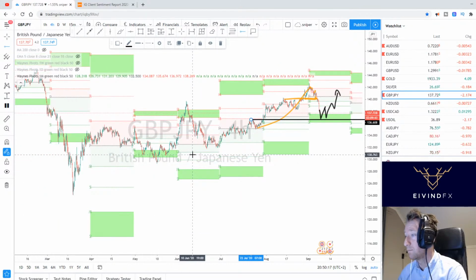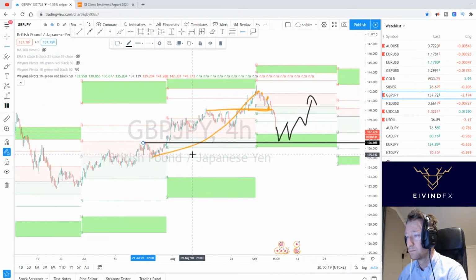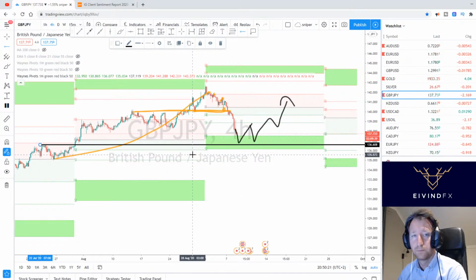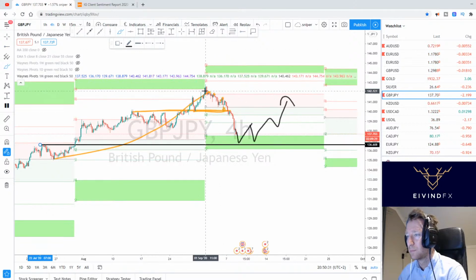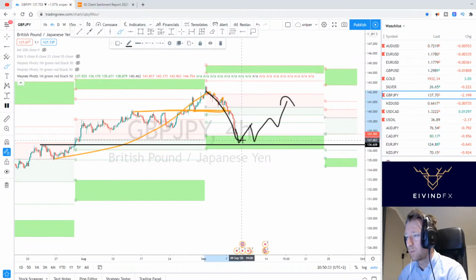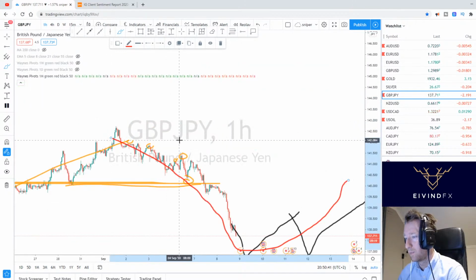I don't need to get it, but it would be good. So I'm just letting things fall, let things breathe a bit, and then I will take it back up again. So nothing at the moment on pound yen that really excites me.